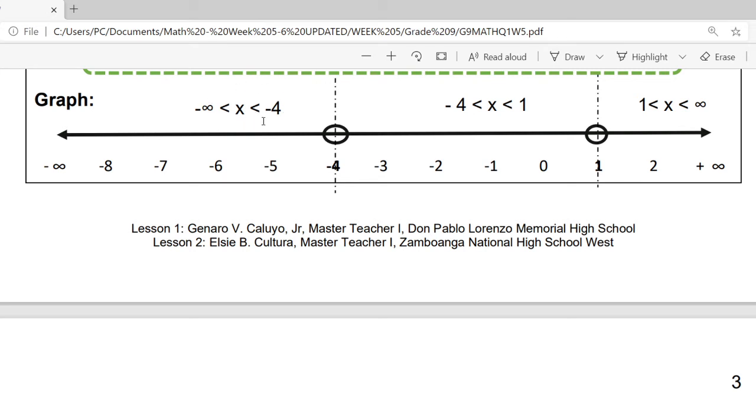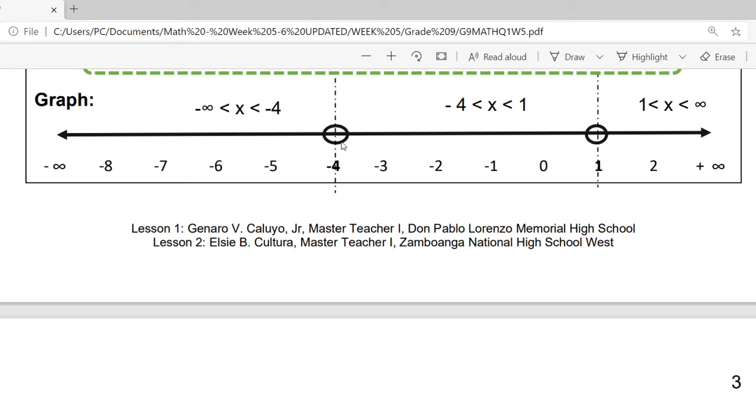After making an interval, we have to choose test points. From here, x is one of the test points.